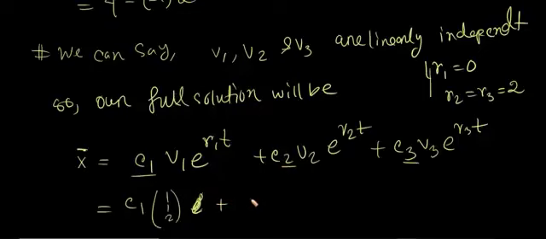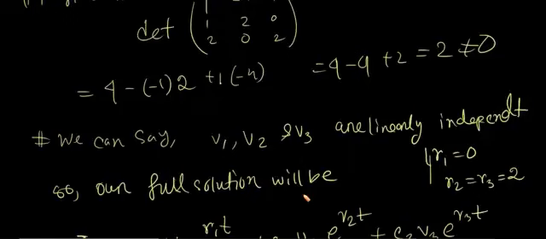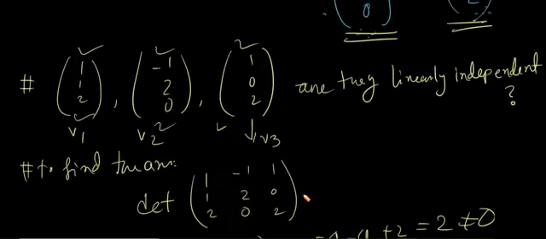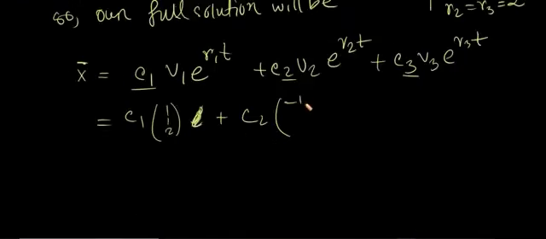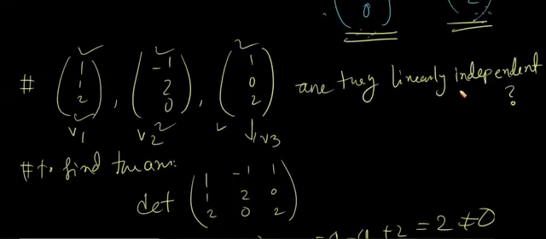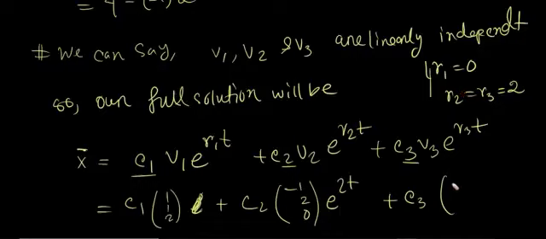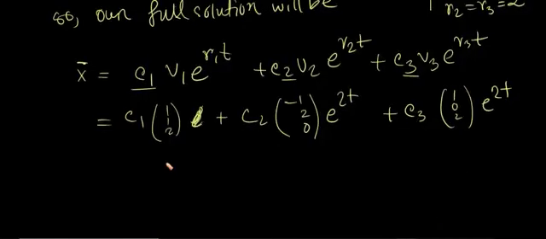And finally you will have c2, then v2 was minus 1 2 0, so minus 1 2 0 e to the power 2t, and finally you'll have c3 times 1 0 2 e to the power 2t. And obviously this x bar was containing x1, x2 and x3, and now you can just multiply them and find out the individual solutions.